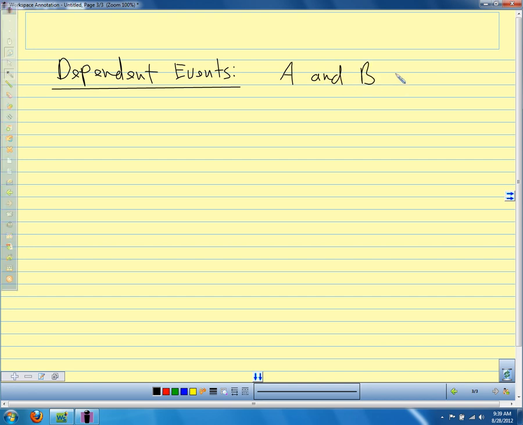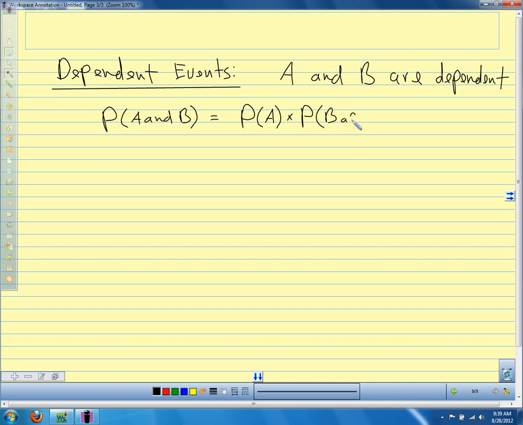So A and B are dependent. Whatever happens with A changes what's going to happen with B. So the probability of A and B, so we're looking at the two together, is the probability of A times, we're still going to multiply, but we have to calculate the probability of B after A happens.